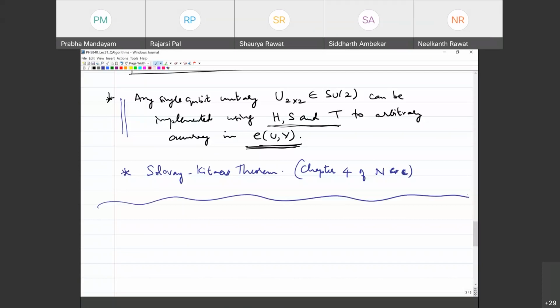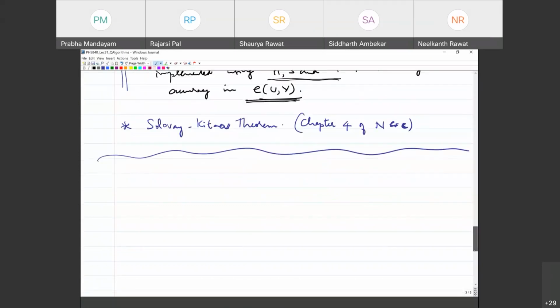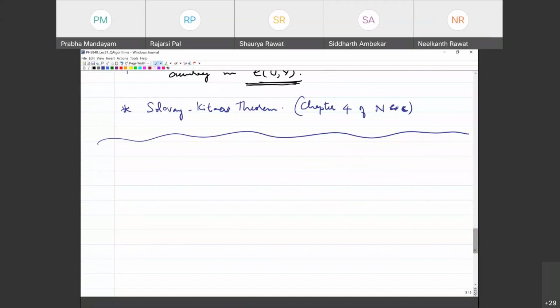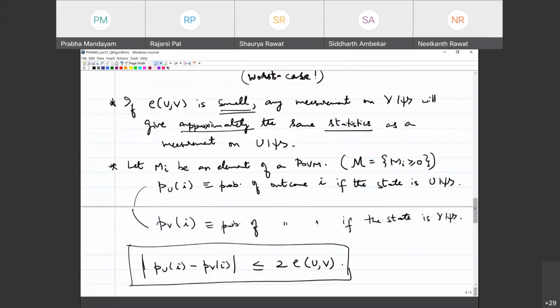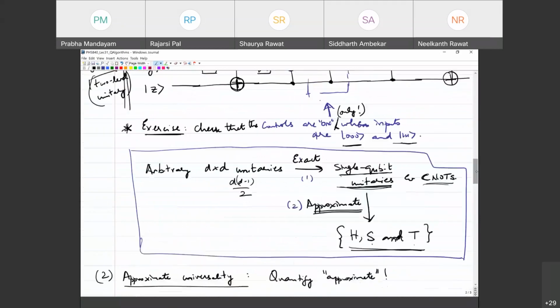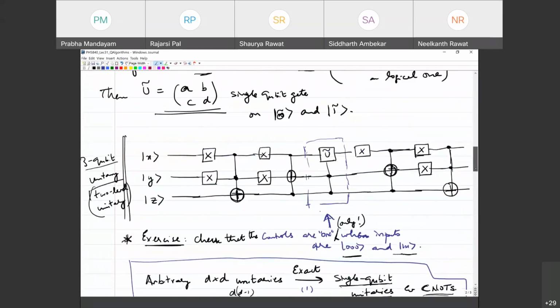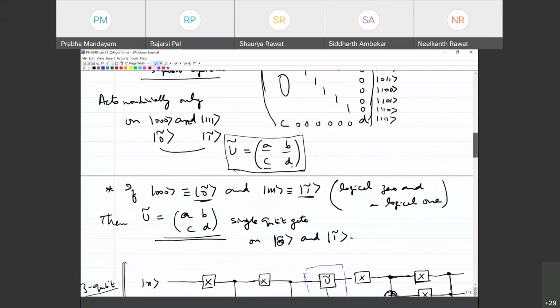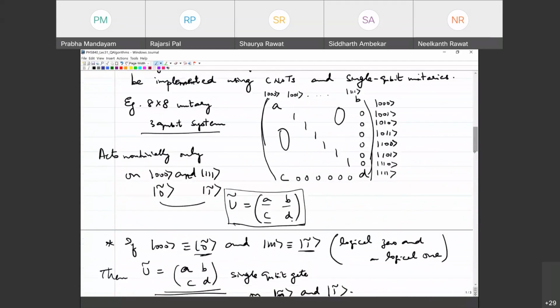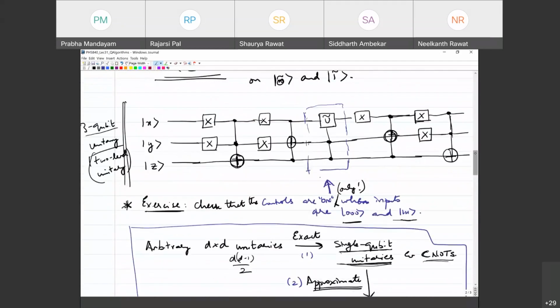All right. So, questions? Excuse me, ma'am. When we were discussing the exact part of this universality argument, in part 1B, you were exactly decomposing a two-level unitary into a product of single qubit unitaries, right?